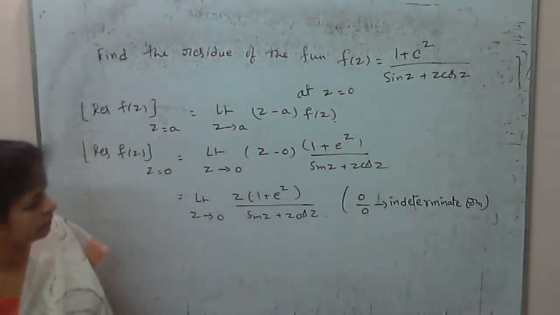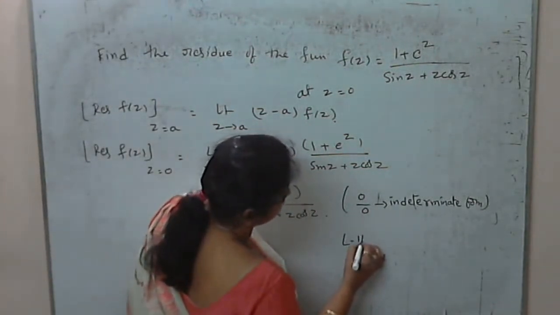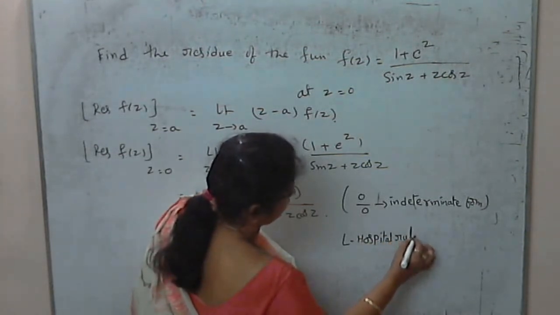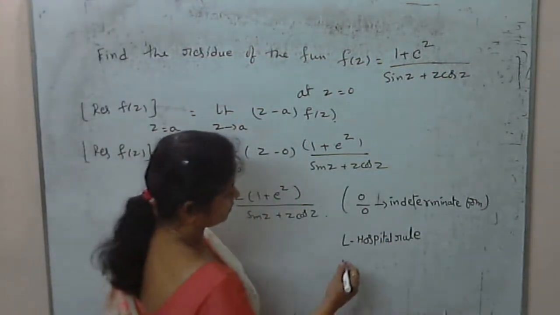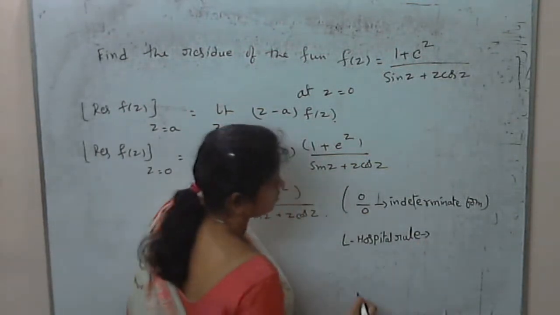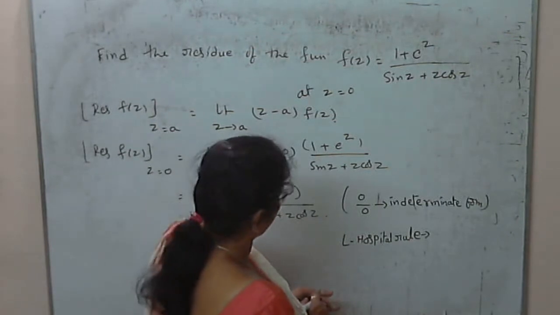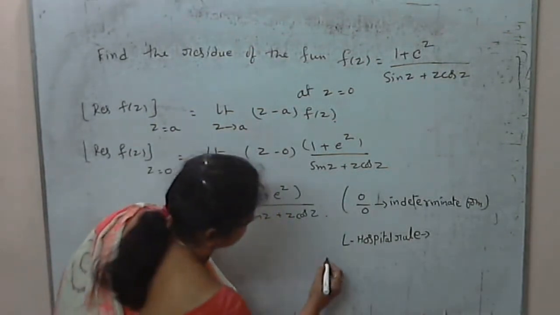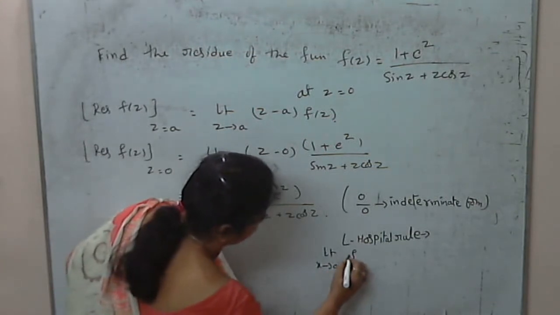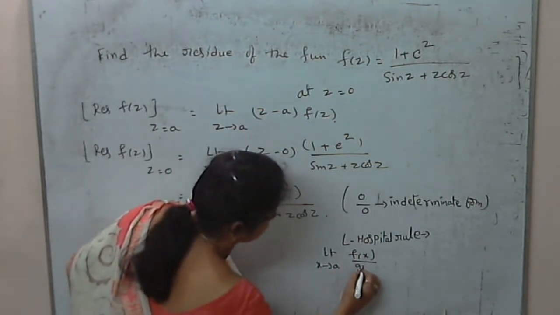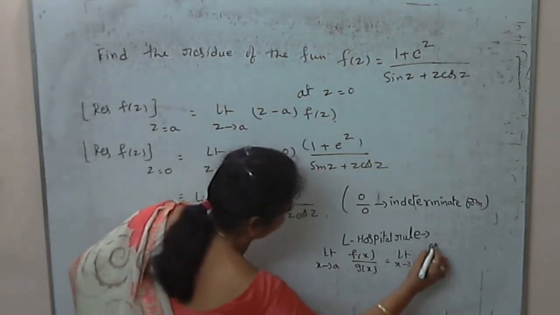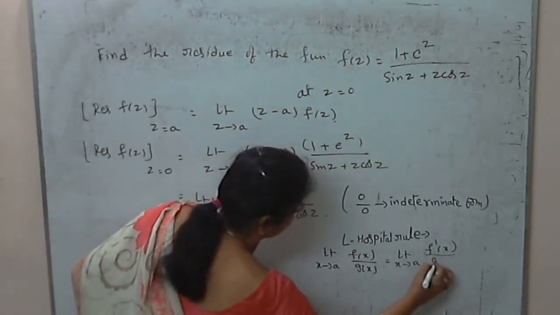What is L'Hospital rule? Limit x tends to a, f of x by g of x equal to limit x tends to a, f dash x by g dash x.